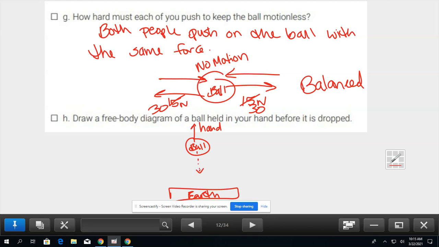Earth is trying to pull the ball down. This is what's happening before it's dropped. If there's no motion here, then my hand and Earth, the forces are balanced. There's no motion, until I let my hand go and the ball is pulled to Earth.